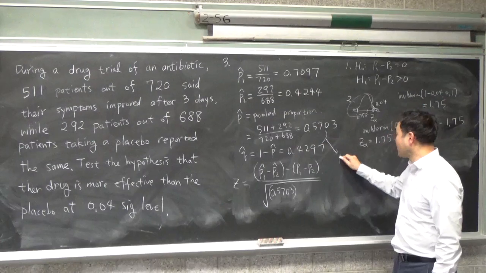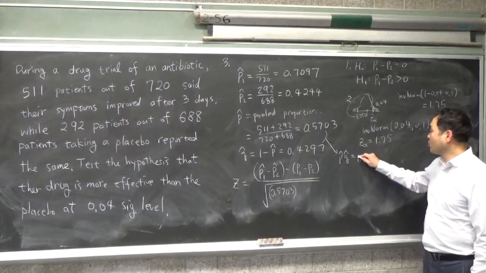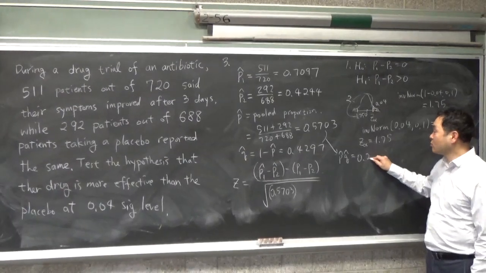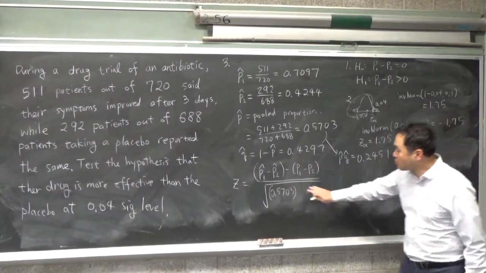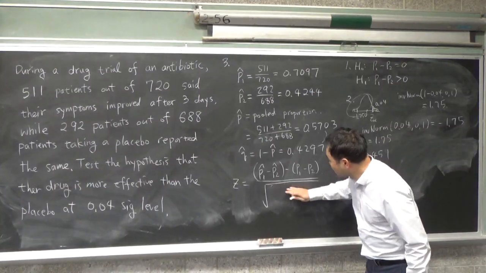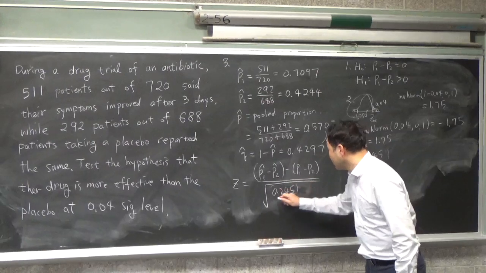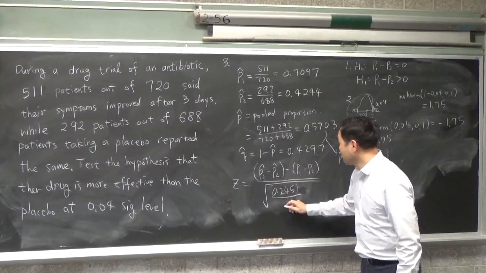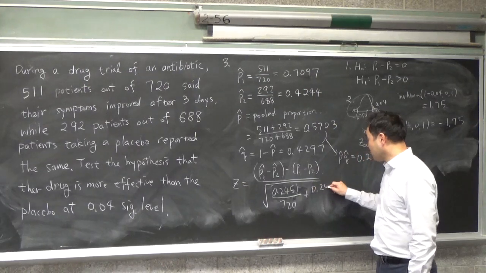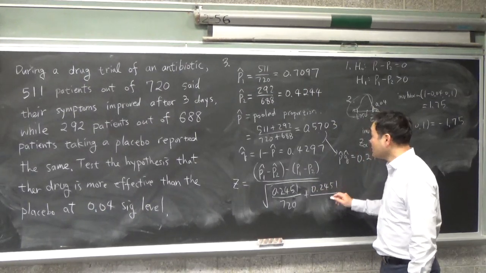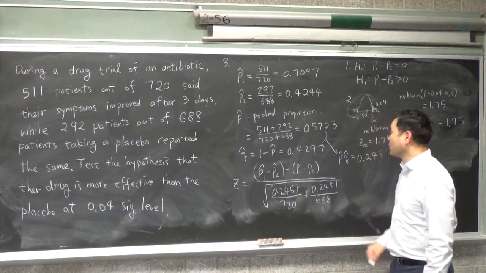So what was P hat times Q hat? 0.2451. So that's the value that we're going to use: P hat Q hat, 0.2451 divided by 720 plus 0.2451 divided by 688.